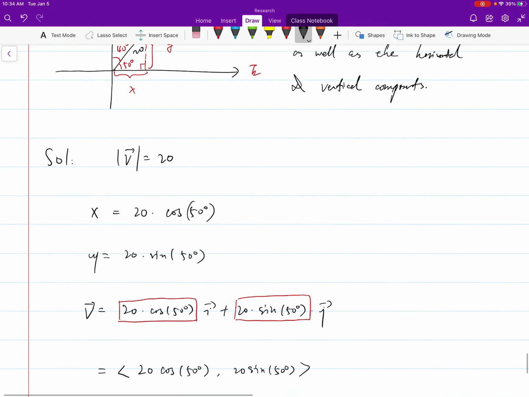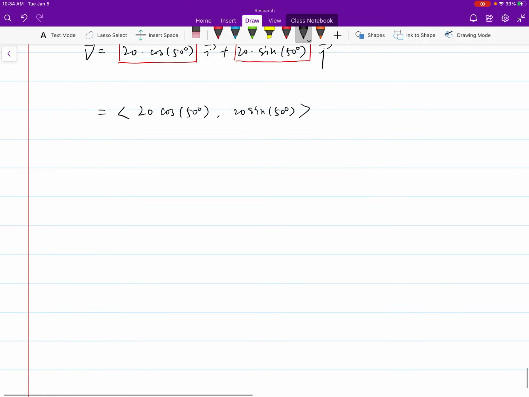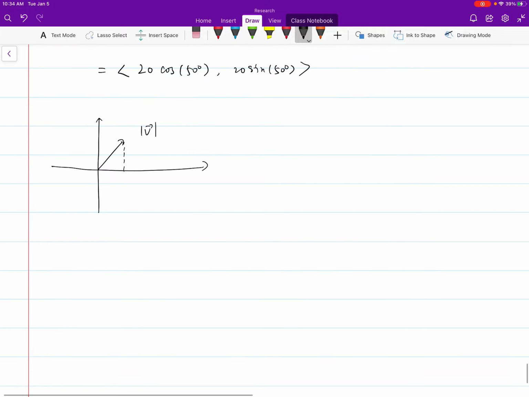Okay, so that's actually how we do the horizontal and the vertical component, which is actually a general formula. So if I'm going to write it down: sometimes we don't know the coordinate. Instead, we know the magnitude.